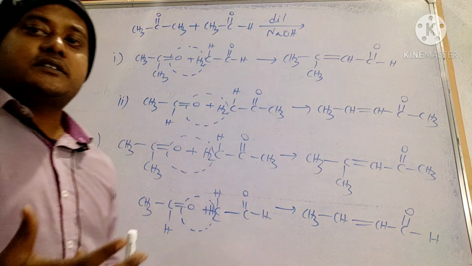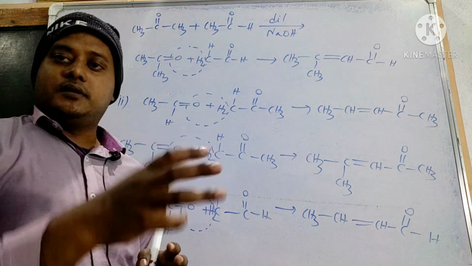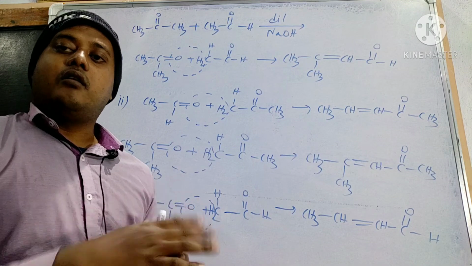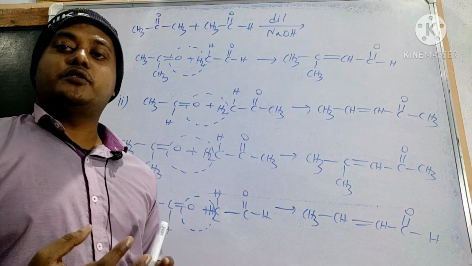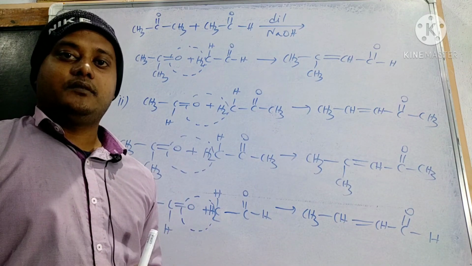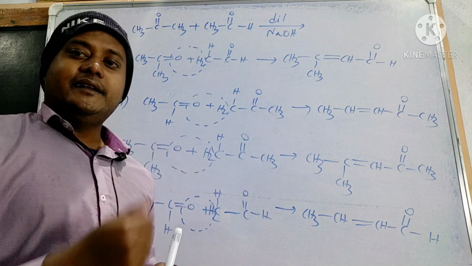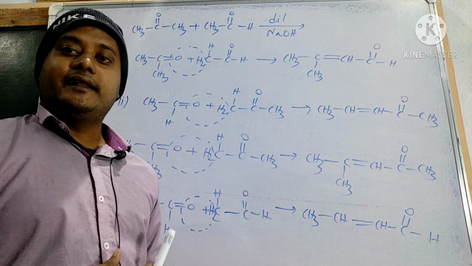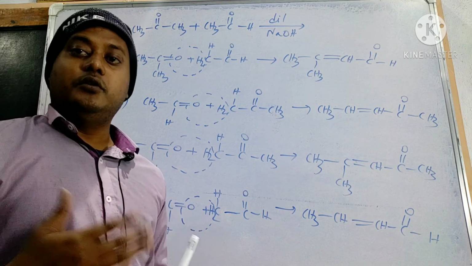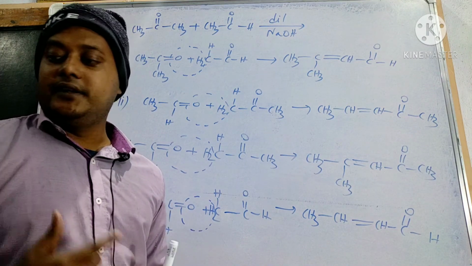Actually in competitive exams, they will give the starting material for aldol condensation, and we have to find the product. Now internal aldol is also possible, internal aldol within the molecule. Last one, internal aldol.